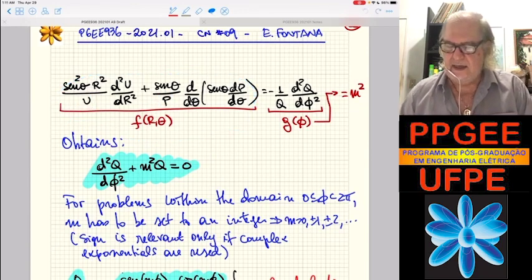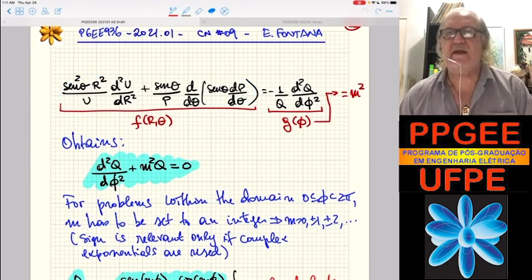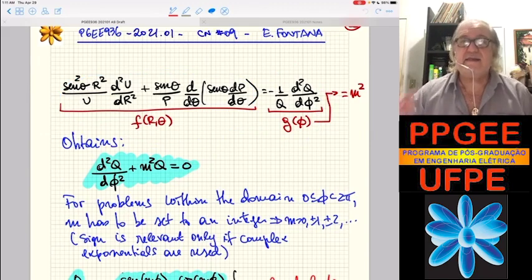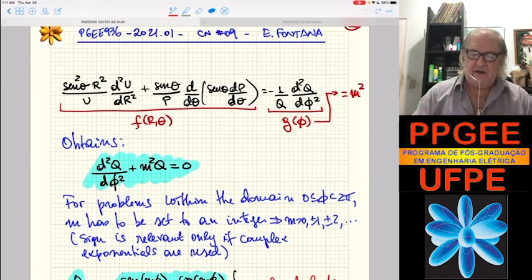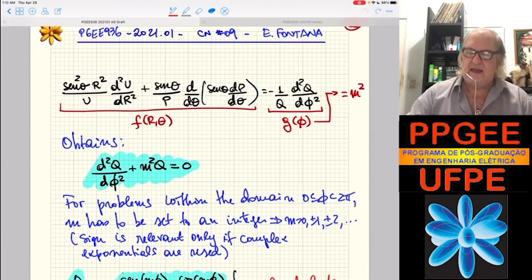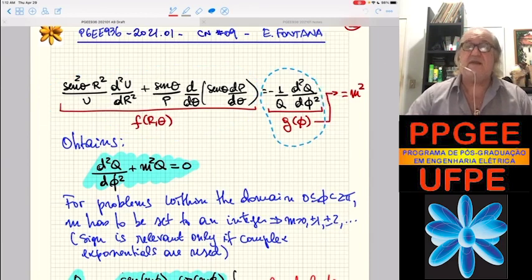right? And the right hand side depends only on phi. And again, the same argument we used before, we have something that depends on two variables equals something else that depends on a third variable.